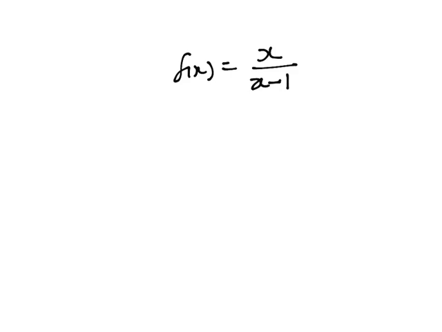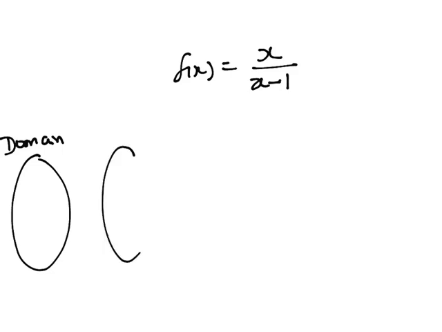So for this function, if I draw like this, this is the domain, and this is the codomain, which is actually the set of all real numbers. Here 1 is not inside the domain because it is not part of the domain.